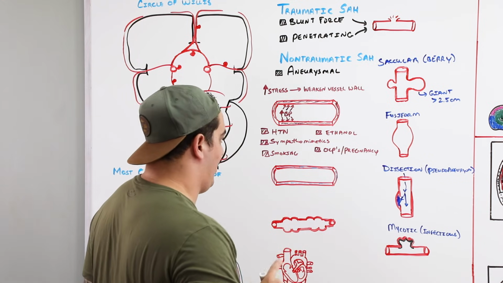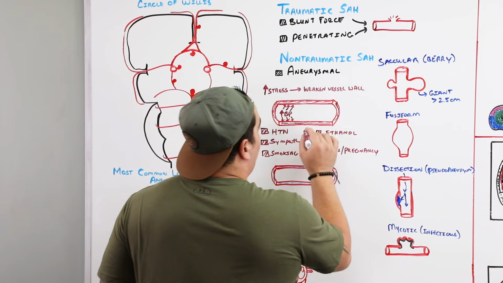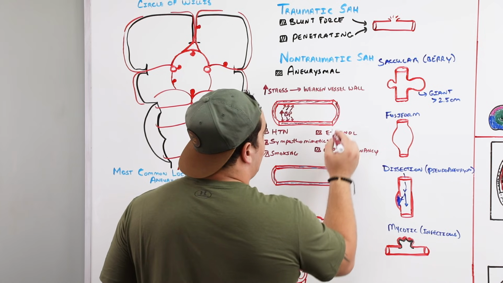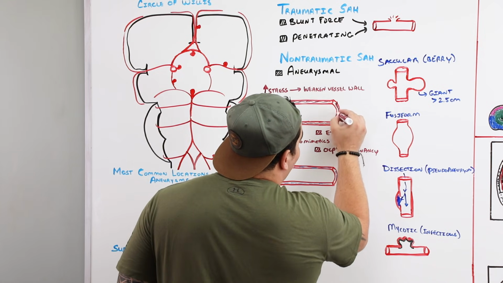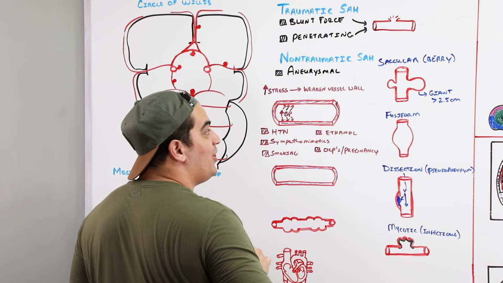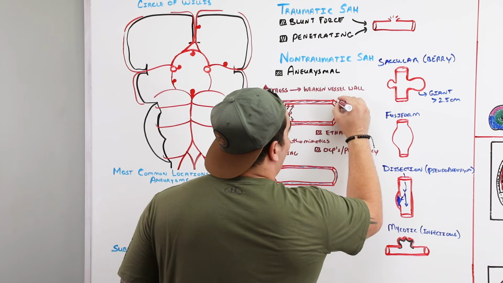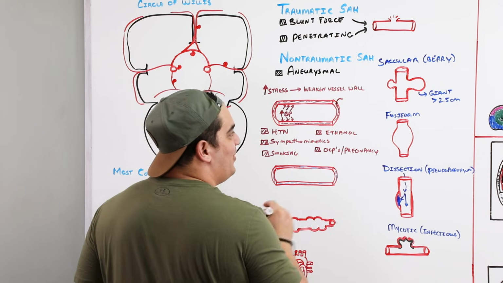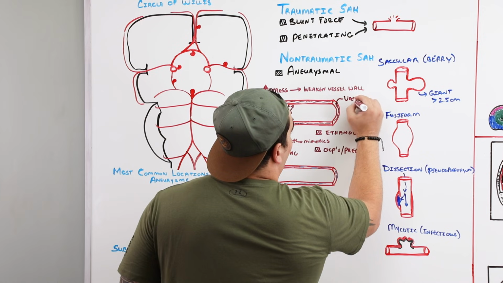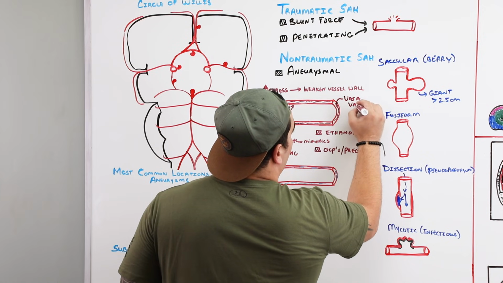The second way that this can happen is hypertension and some of these other things can act on these tiny little vessels that supply the tunica media of the vessel wall. You know what these little vessels are called that supply the tunica media? We call that the vasa vasorum.